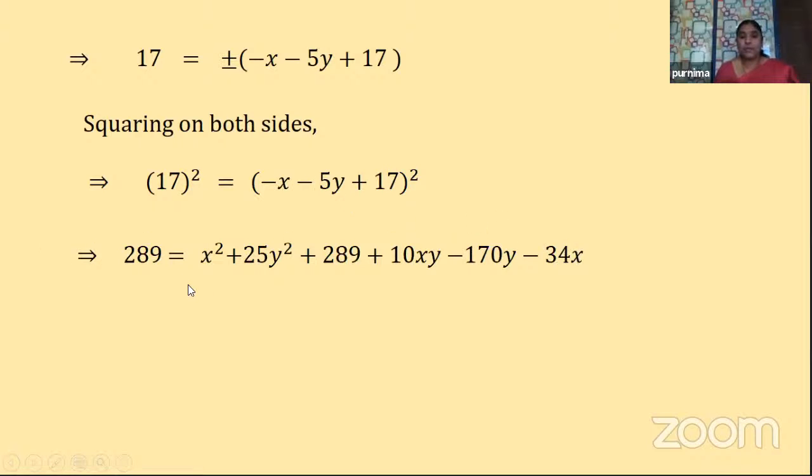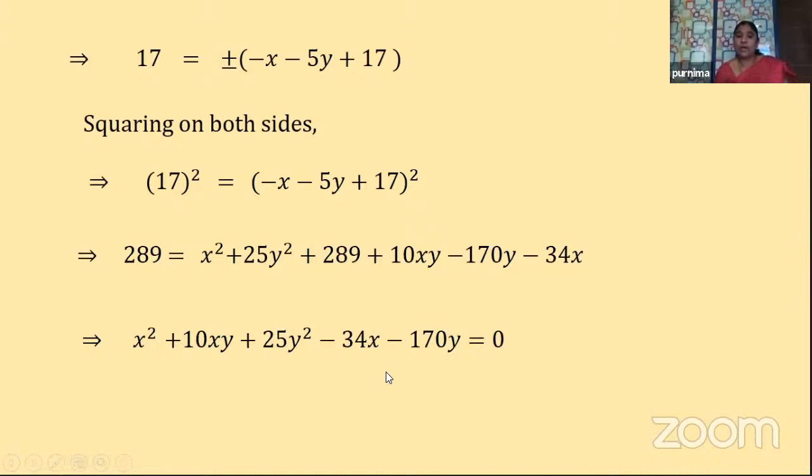So what are the terms we got? 289 is equal to x square plus 25y square plus 289 plus 10xy minus 170y minus 34x. Now what are the terms left? x square plus 10xy, I'm writing them in order: x square plus 10xy plus 25y square minus 34x minus 170y is equal to 0.